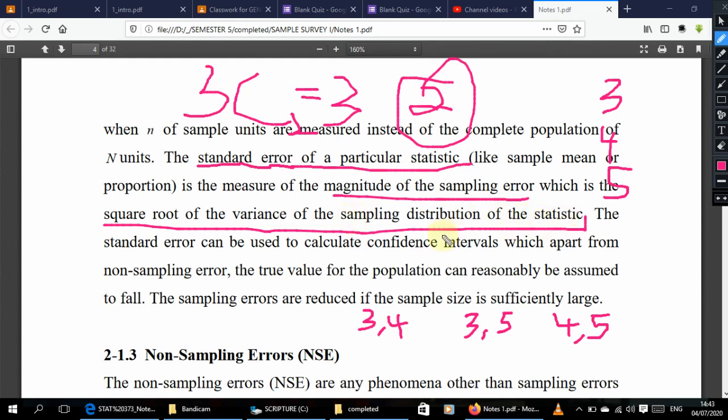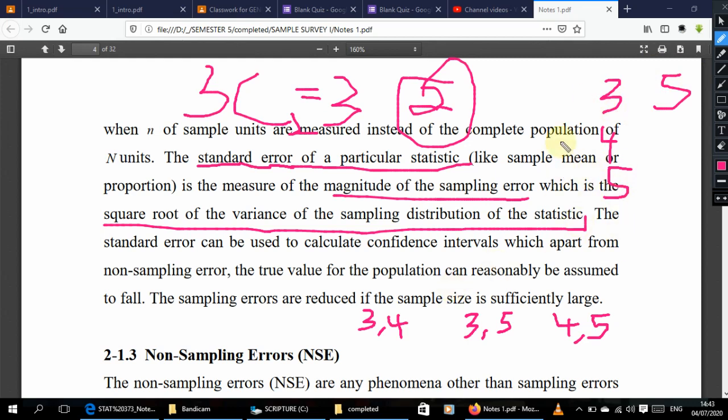When I use these samples to find the mean, assume these are marks that 3 students got in some exam, over 5.